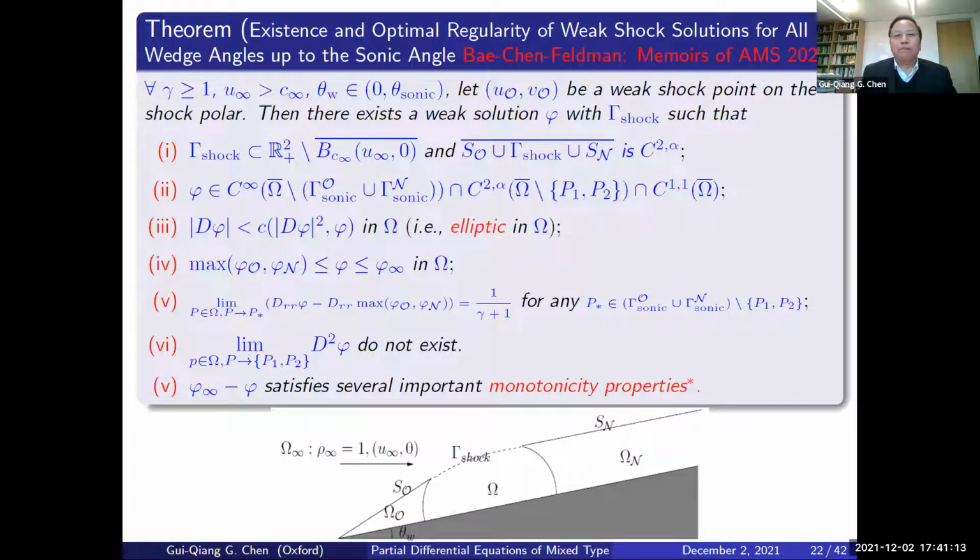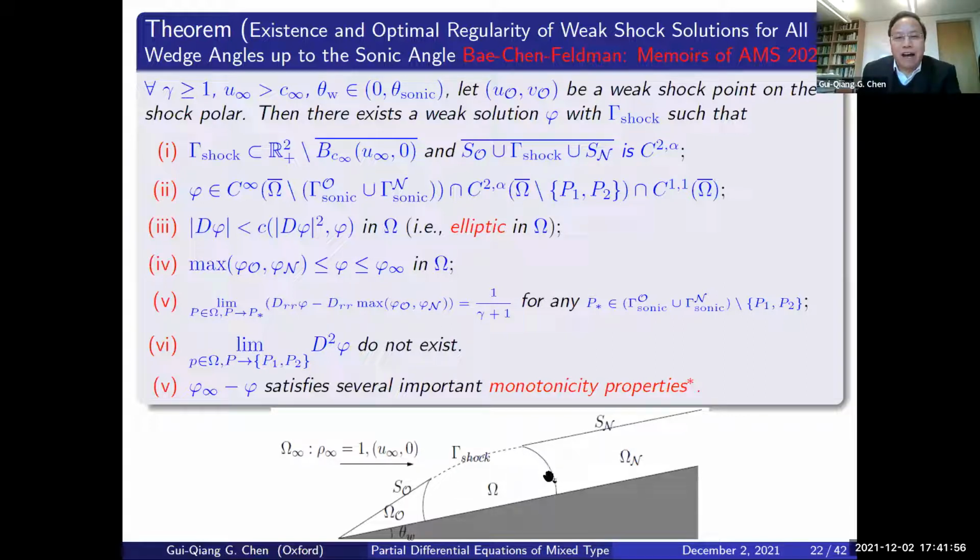This is the result that will appear in the Memoirs of the AMS, hopefully this year or early next year. The answer is yes, we can do it now. You can solve this free boundary problem, with the solution elliptic inside and hyperbolic outside. Inside, the free boundary is C infinity, even analytic, and C2 connects to the other shocks, not only slope but also curvature.